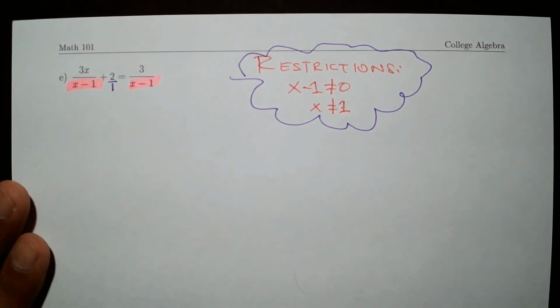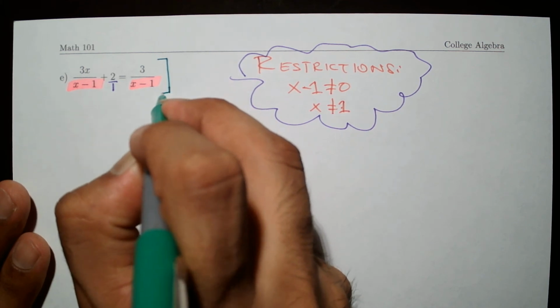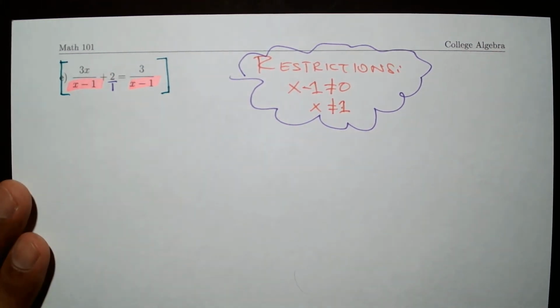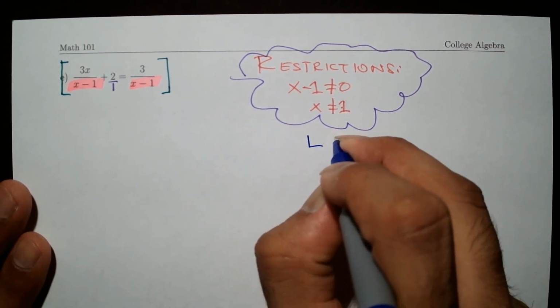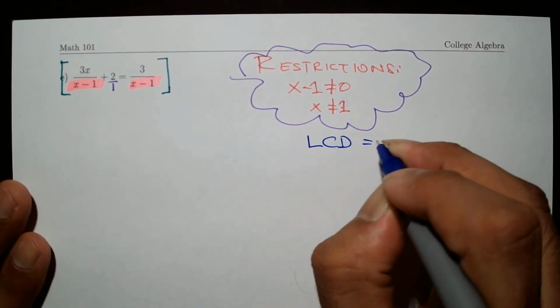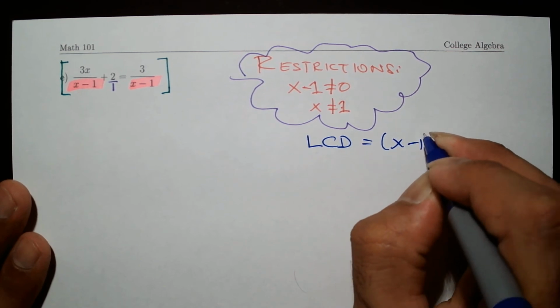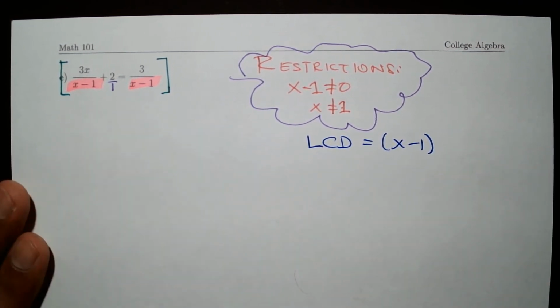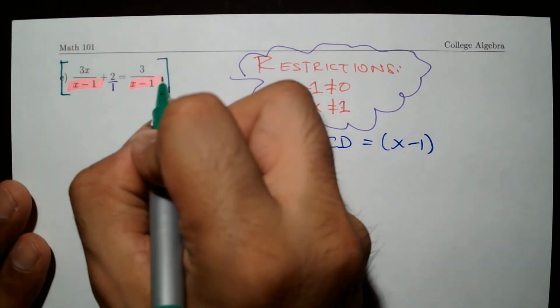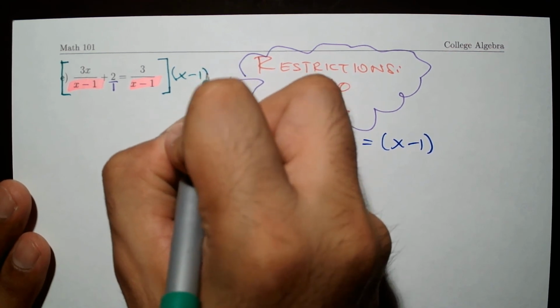That way this looks like we have denominators. Okay, so we are going to multiply by the LCD, which in this case is simply x minus 1. We don't have more than one different factor, just like on the previous example, so this is enough. So we multiply both sides by x minus 1.